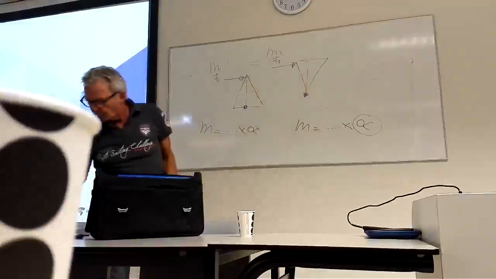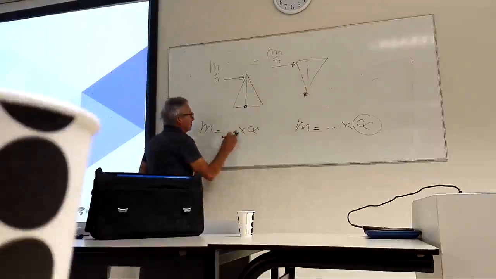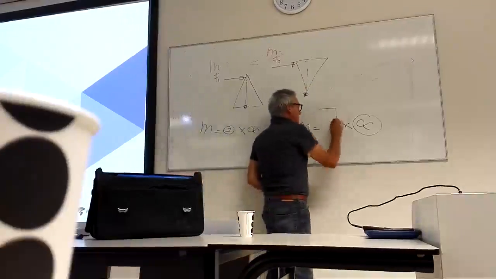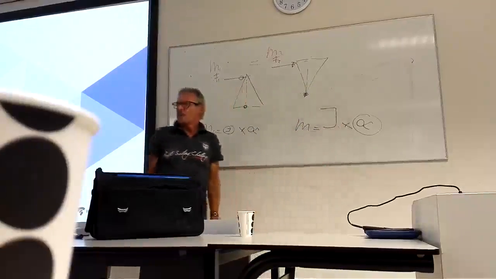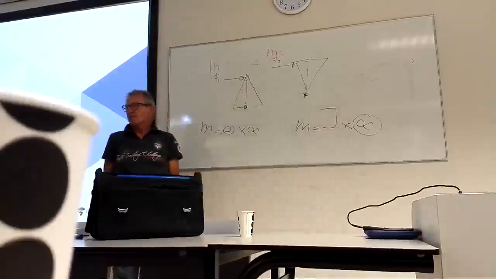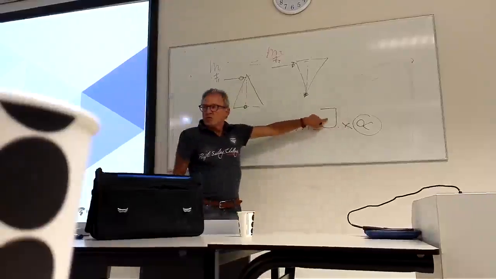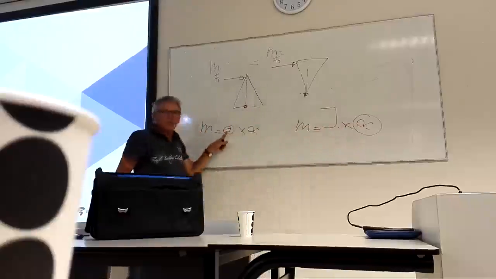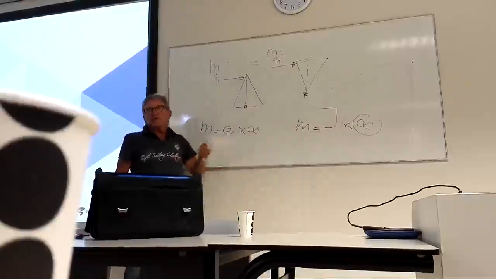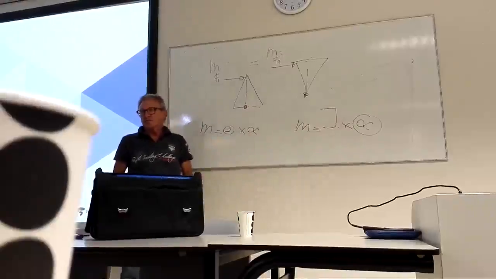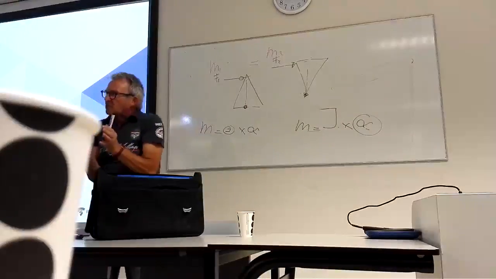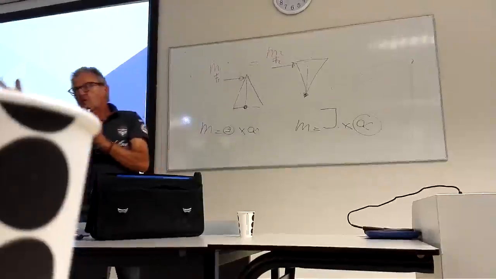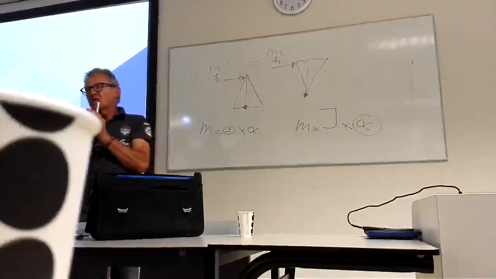So the moment of inertia of this one is small, and the moment of inertia of this one is big. Because the moment of inertia is big, acceleration is small. The moment of inertia is small, acceleration is big. So the nearer the mass to the axis, the bigger the acceleration. The farther the mass from the axis, the smaller the acceleration.